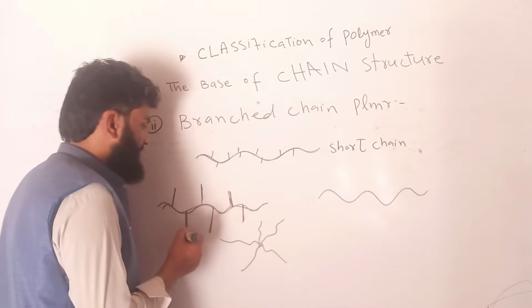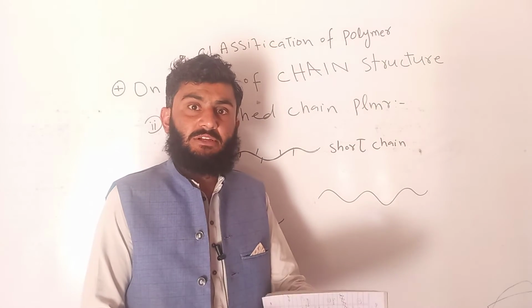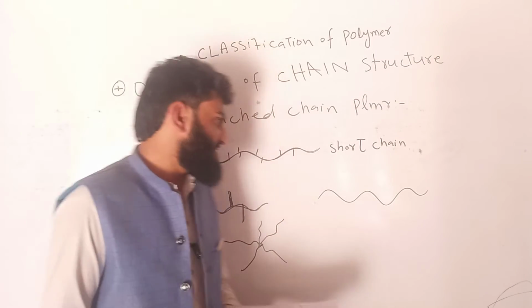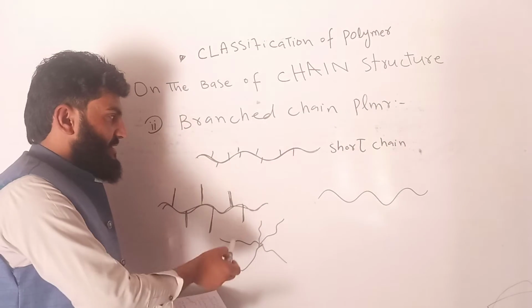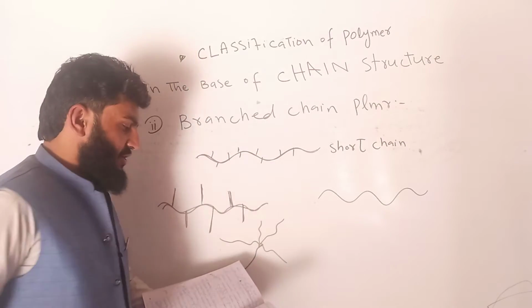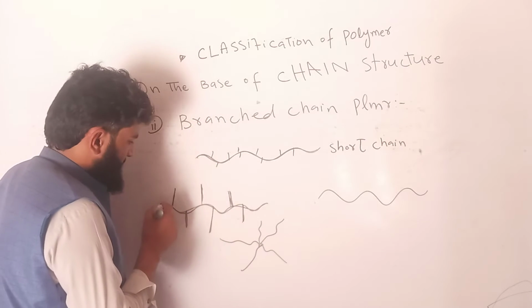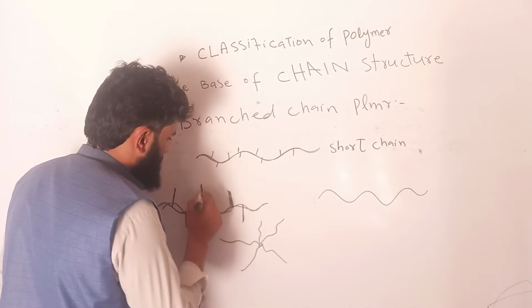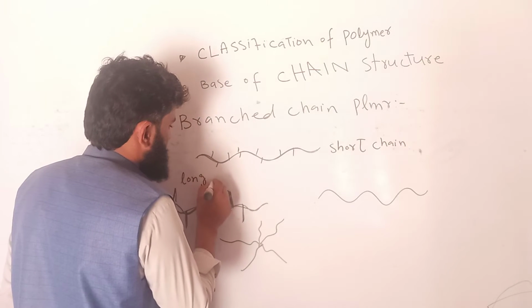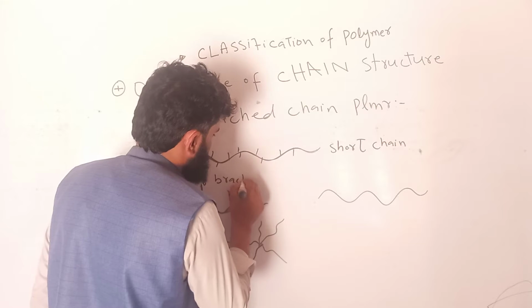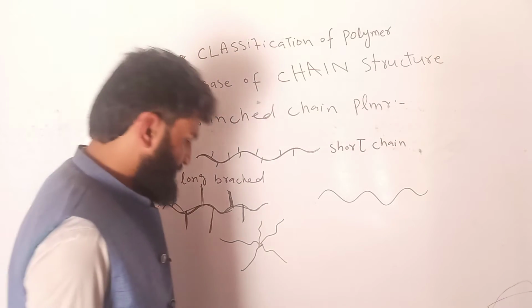Such polymers are also branched in nature. These all are branched in nature, but here the chains are short. But you can see here, this is a main skeleton, while the branch chains are longer. So these are known as long branched chain polymer. Clear?